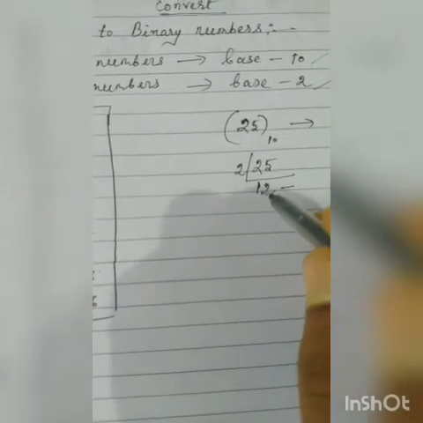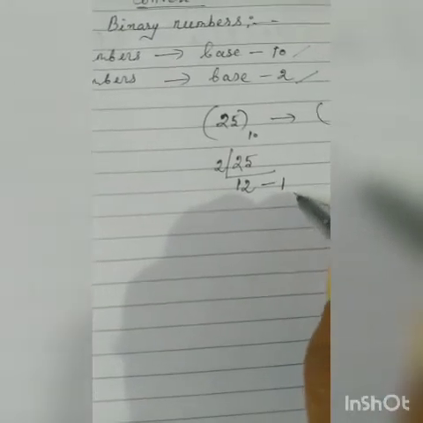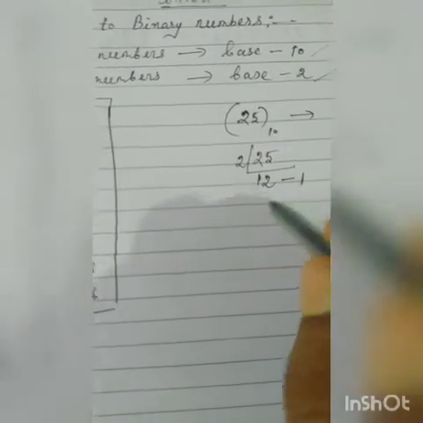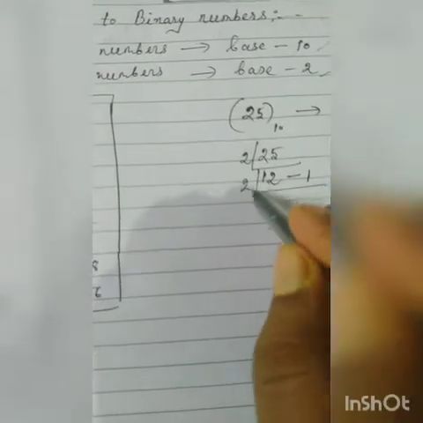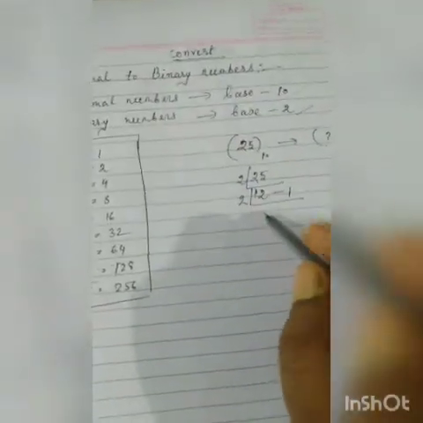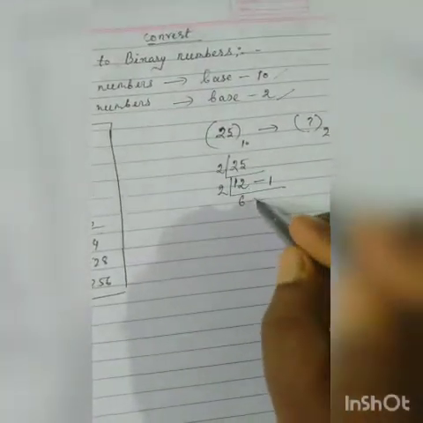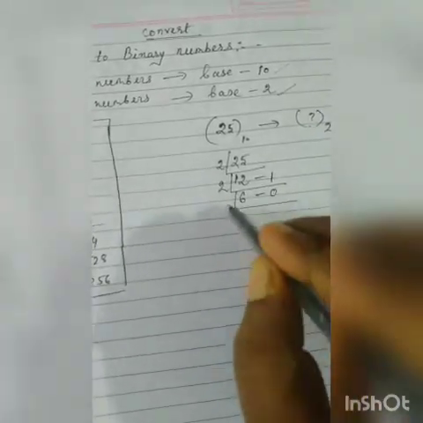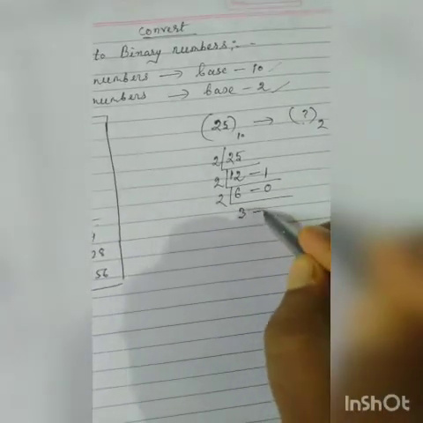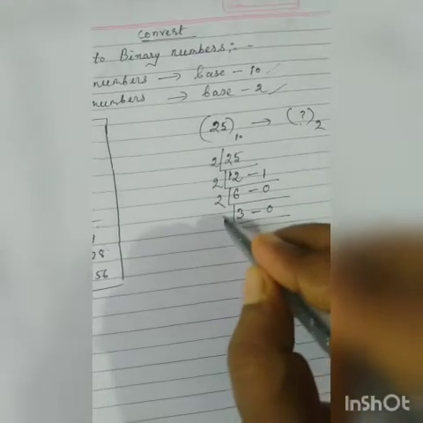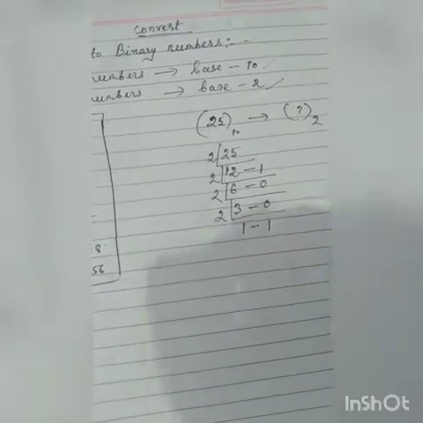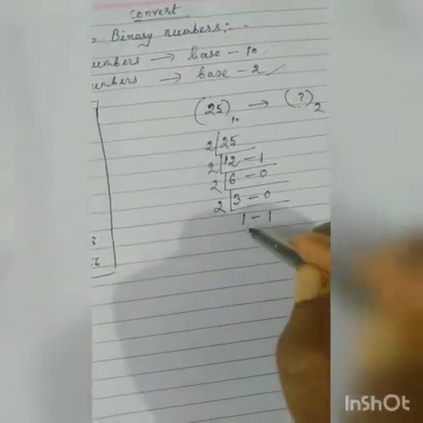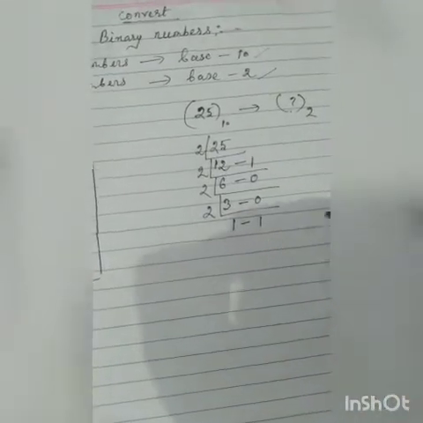How many remainder? 1. That 1 you have to write here, by giving a dash. Again dividing by 2, 2 6s are 12, no remainder, so 0. Again 2 3s are 6, no remainder, 0. 2 1s are 2, remainder is 1. Here less than 2 came, so the division is finished.